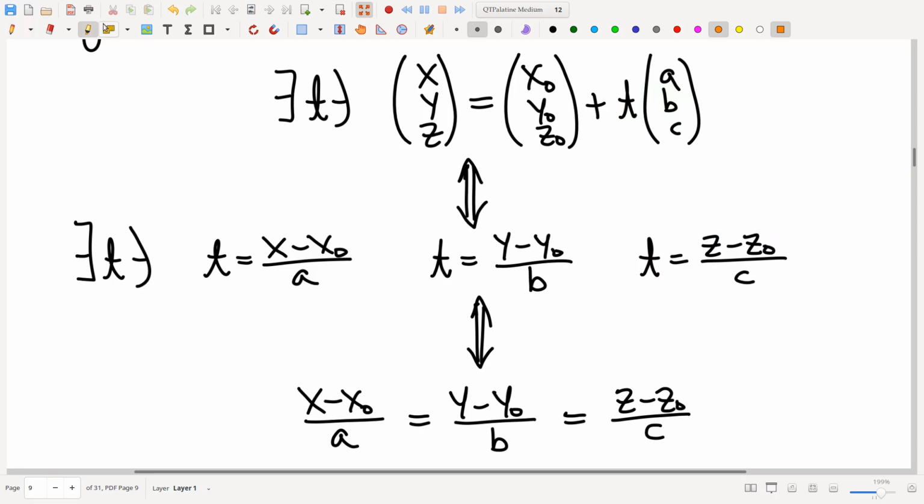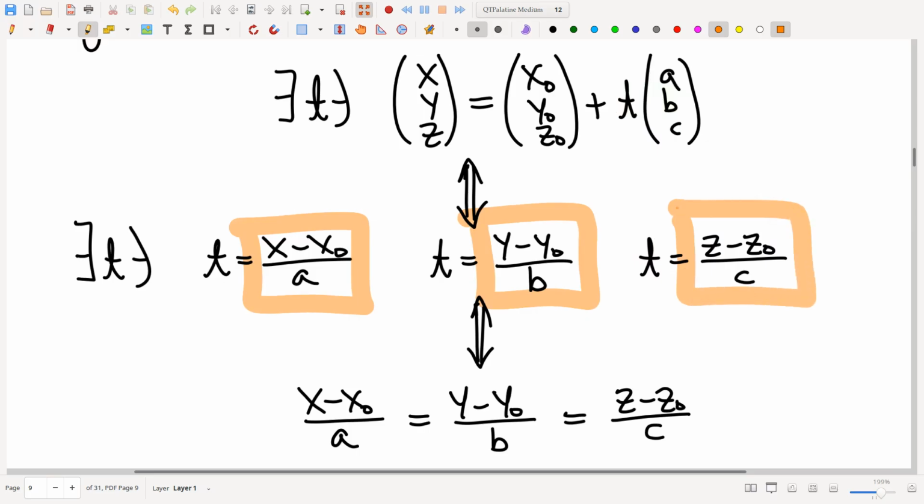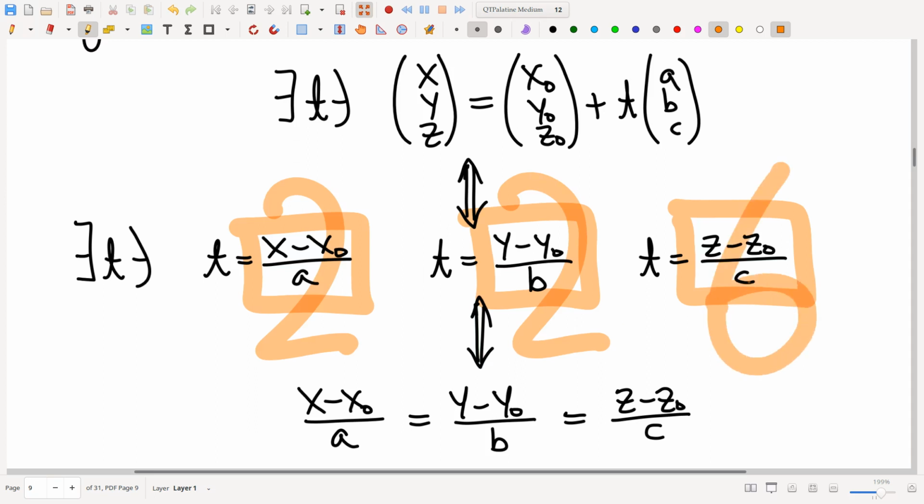Well, it kind of depends on what these values are, doesn't it? If those three values are, let's just say, 2, 2, and 6, is there a value of t that's equal to all three of these numbers? No, of course not. There can't be a value of t that's equal to both 2 and 6. That's silly business.